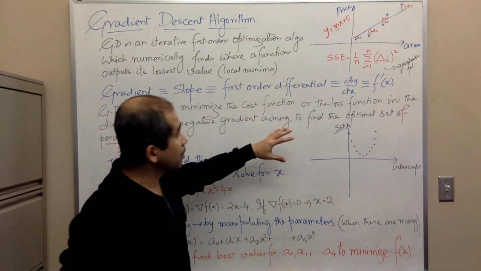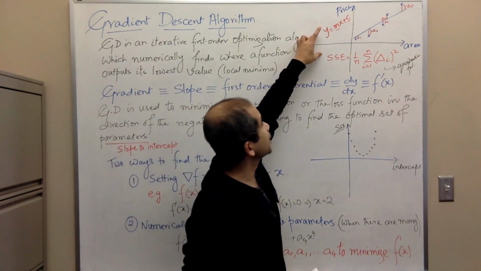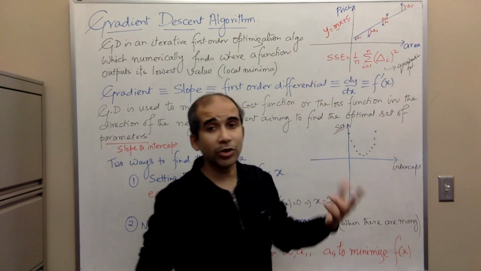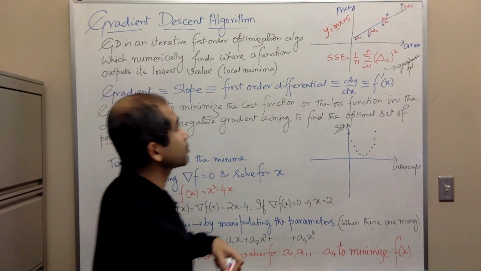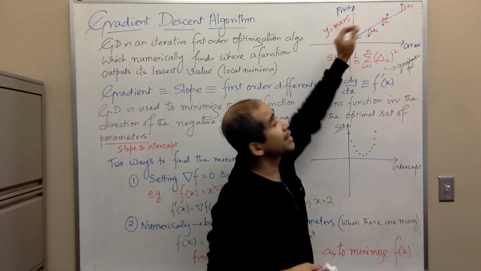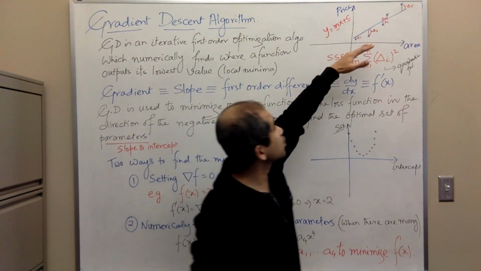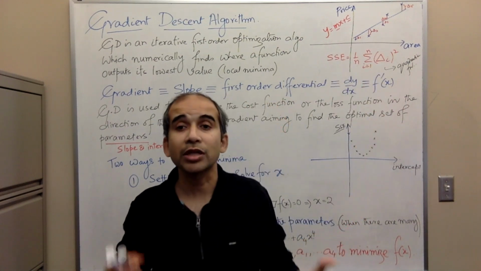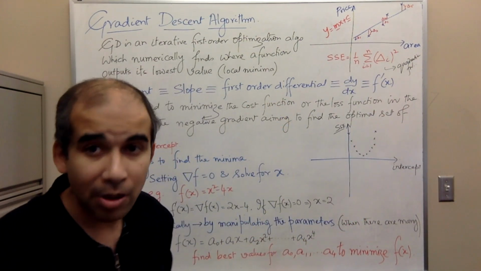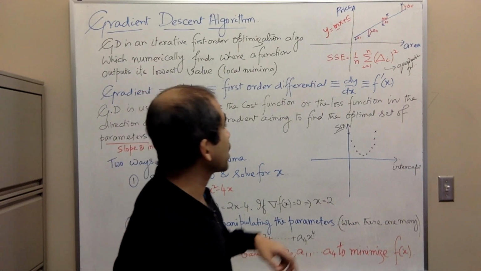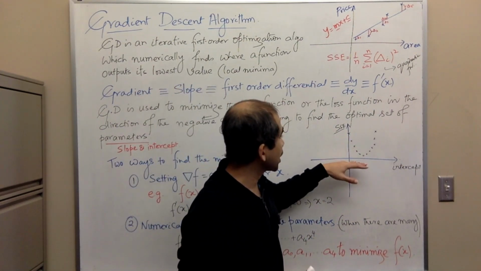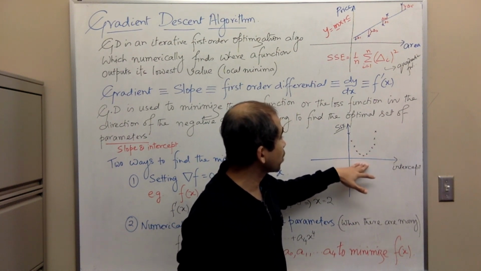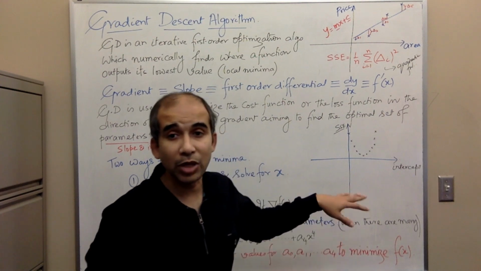But the important thing is that in linear regression, it's an equation of a line. There might be multiple parameters, but it's basically y equal to mx plus c, where the slope and the intercept we adjusted to fit the line best, so that the sum of the squared error was minimum. So when we say the sum of the squared error is minimum, we are trying to come down in this function: we change the intercept in such a way that the sum of the squared error reduces until it finds the minimum point.